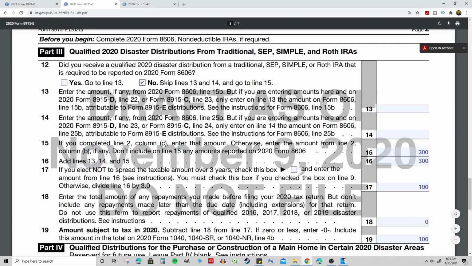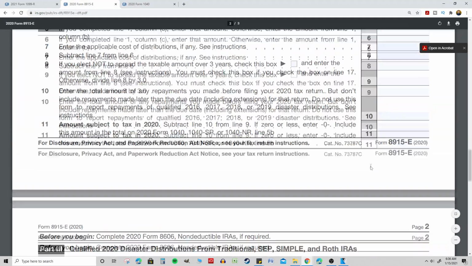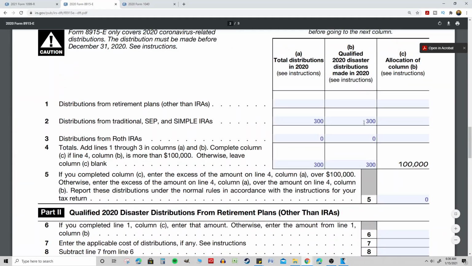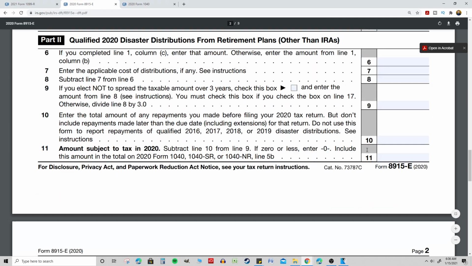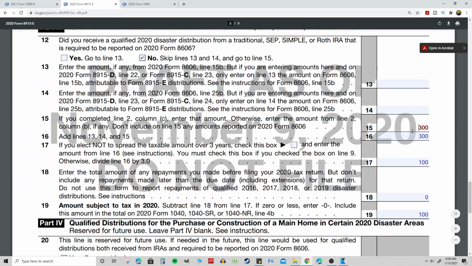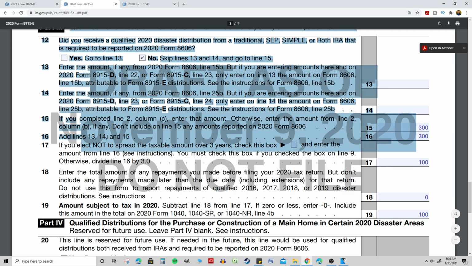Otherwise, enter the amount from line 2, column B, if any. Don't include on line 15 any amounts reported on 2020 Form 8606. Column 2B was this $300. That's what we're looking at here. I'm going to put $300 right here on line 15. It says add lines 13, 14, and 15.